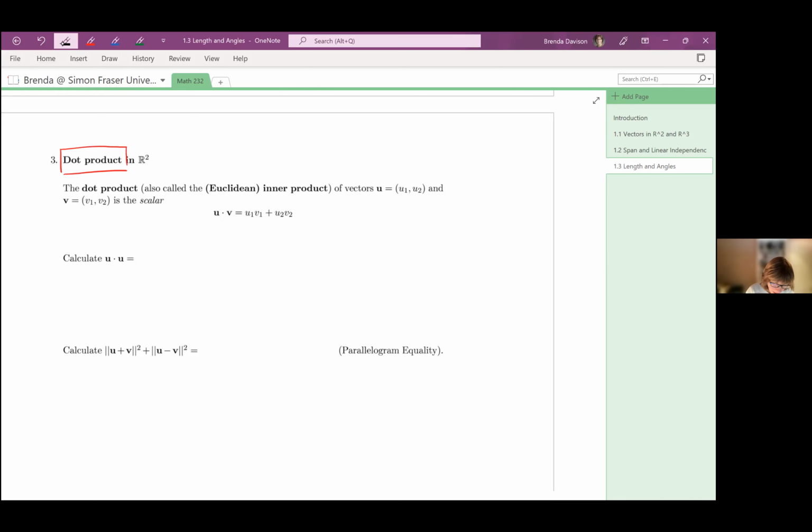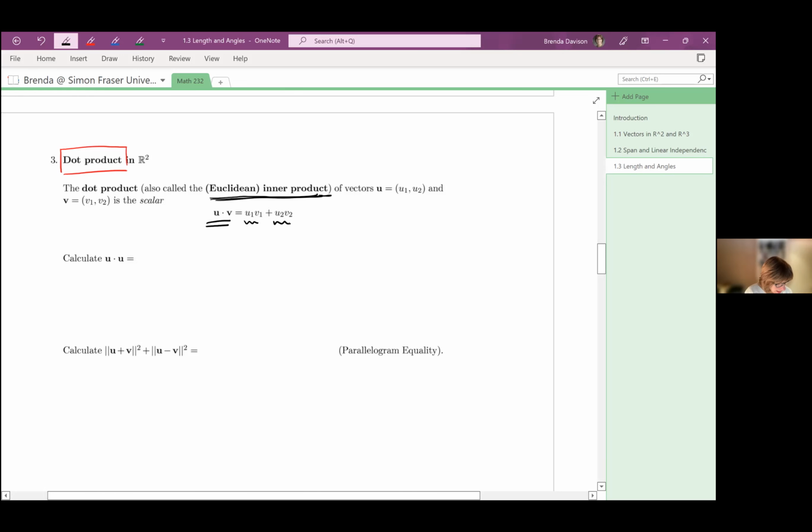Okay, so the dot product, which has another name too, is sometimes called the Euclidean inner product. So we've got two vectors, u and v, and we're going to multiply them together, and this is our definition of multiplication. We read this as u dot v, and what we do is multiply the first two components together, and then add the product of the second two components.